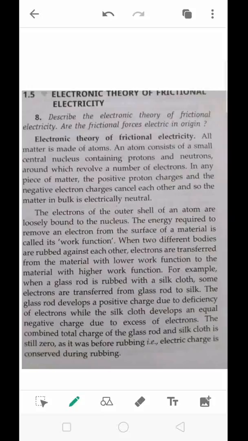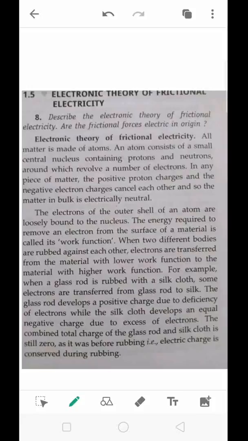According to static electricity, the total number of charges before friction is equal to the total number of charges after friction. There is no gain or loss of charge. Only the charges are changing their surfaces, from one surface to the other, making one object positively electrified and the other object negatively electrified.